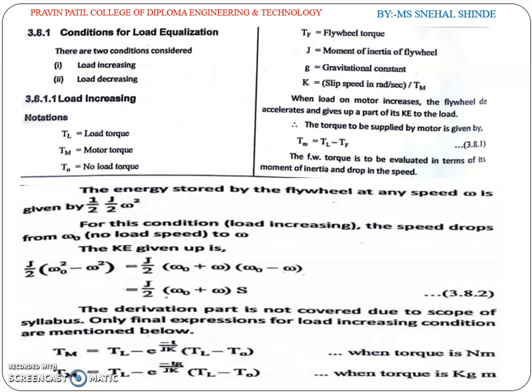So only the final expressions for the load increasing condition are: Tm equal to TL minus (TL minus T0) into e raised to minus t by J/K, when torque is in Newton meter, and Tm equal to TL minus (TL minus T0) into e raised to minus tg divided by JK, when torque is in kg per meter.